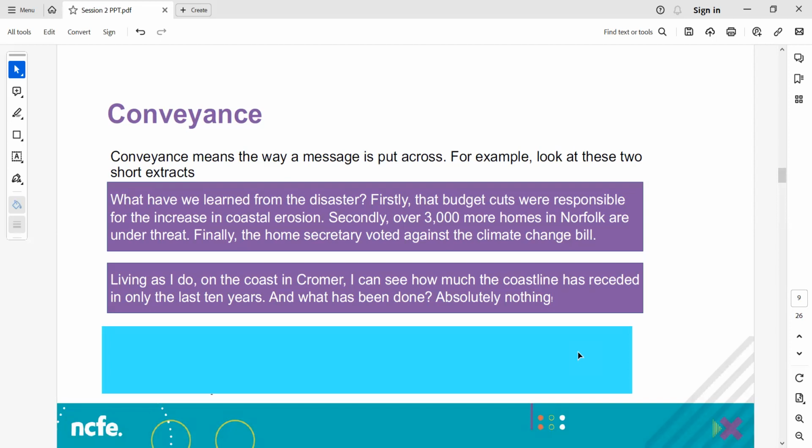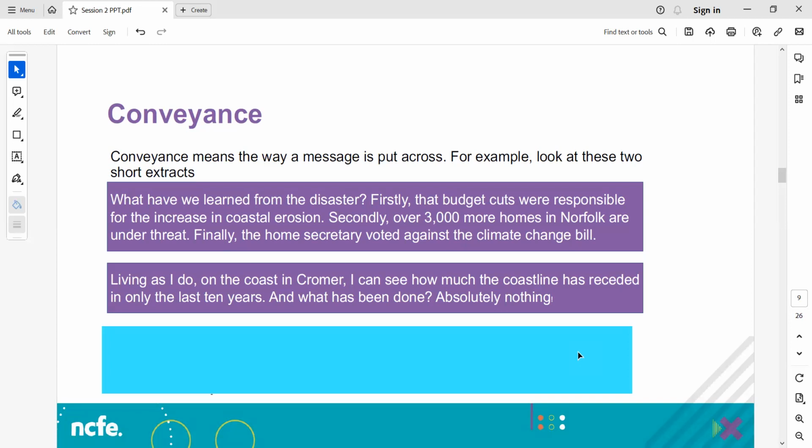And the second one: living as I do on the coast in Cromer, I can see how much the coastline has receded in only the last 10 years. And what has been done? Absolutely nothing. So both of these short extracts are about coastal erosion, but they are put across in different ways.